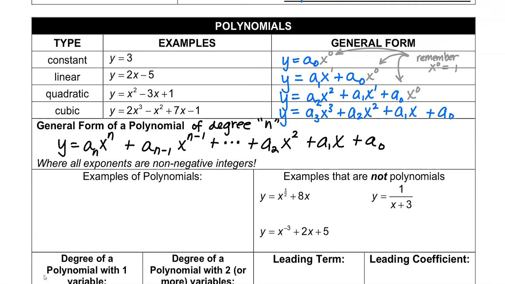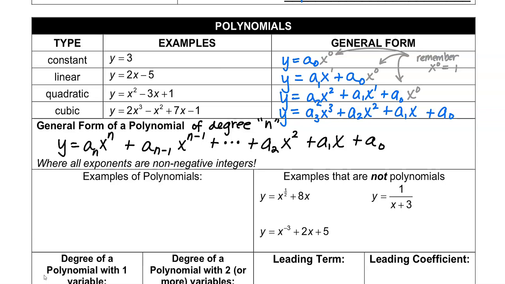Remember that all of these up here are examples of polynomials. So a constant is a polynomial, a linear is a polynomial, a quadratic is a polynomial. So we don't have to have a quadratic term. I just put it in there so you can see how it's going to land, because oftentimes polynomials are powers higher than 2 or 3. Are we together?